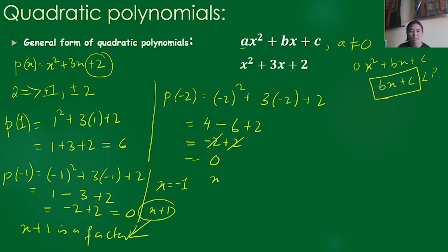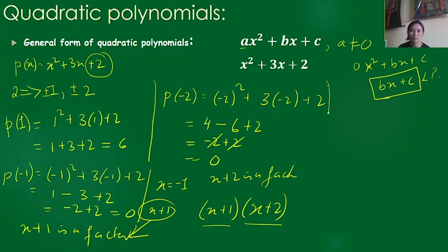Again we can say x plus 2 is a factor. Therefore when you factorize this polynomial, you will get x plus 1 and x plus 2, that is the product of its two factors. We have expressed this polynomial as a product of its two factors. This is how we factorize by using the factor theorem.